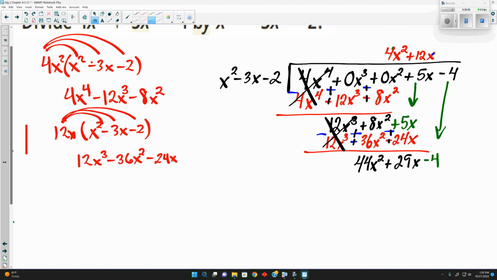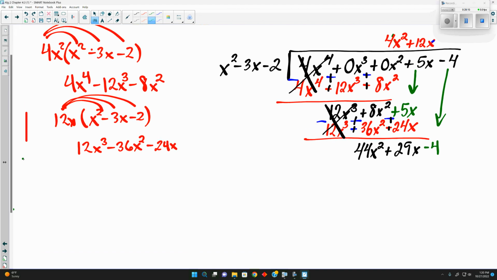Okay, so let me scroll. Now we need to see what times x squared is going to give us 44x squared, which is just going to be plus 44. So now we're going to multiply x squared minus 3x minus 2 by 44. And we'll distribute this here, so we'll do 44 times x squared.